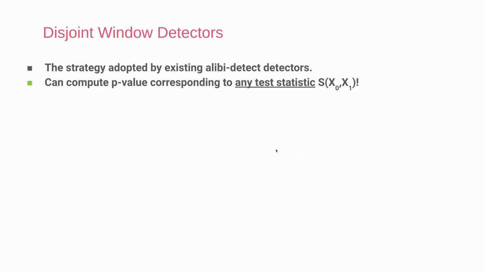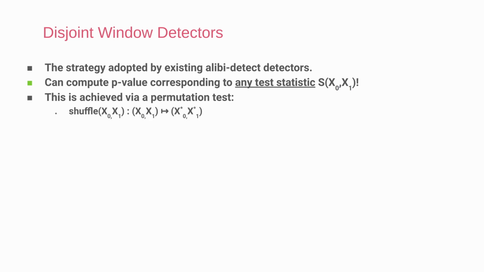And one of the key strengths of disjoint window detectors is that we can use any test statistic and compute a corresponding p-value using what is called a permutation test. The permutation test is actually dead intuitive, so I'm just going to quickly overview exactly how that works and how you can determine exactly how extreme any given value for the test statistic is.